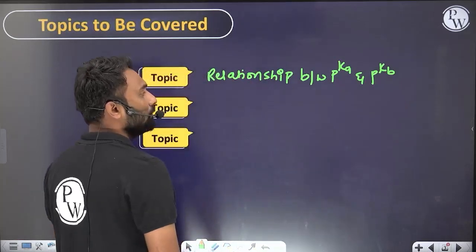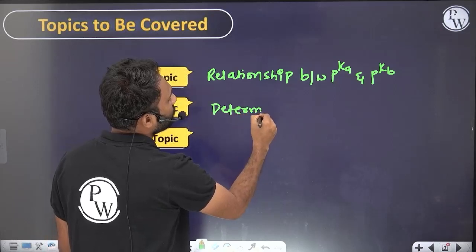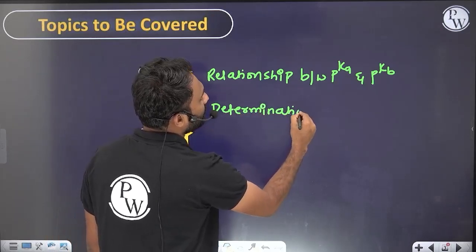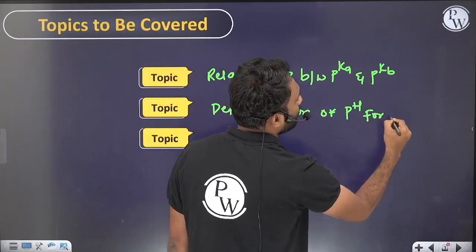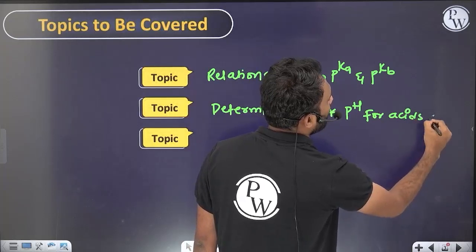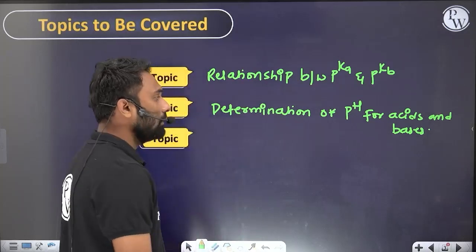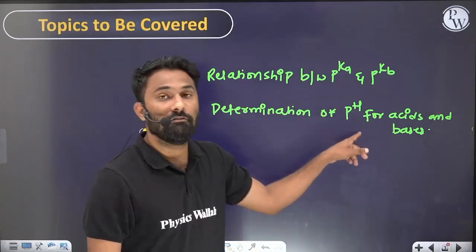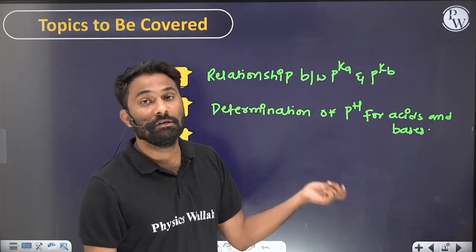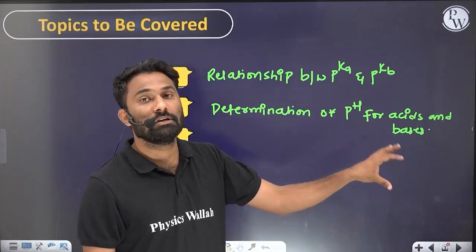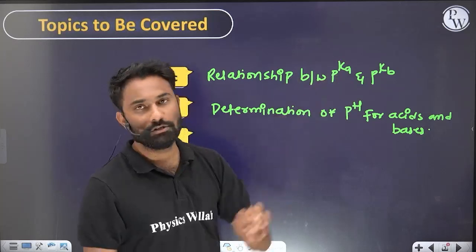Next, the determination of pH for acids and bases. Under this, we are going to see strong acid pH, weak acid pH, mixture of two weak acids pH, and polyprotic weak acids pH.